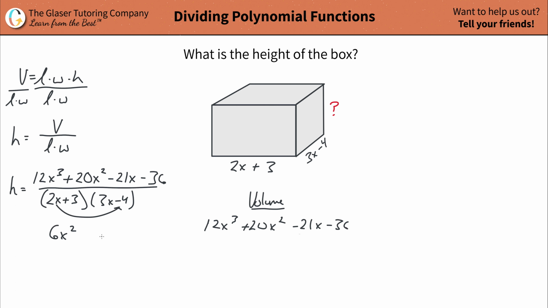Then take the 2x, multiply it by a negative 4, that's going to be negative 8x. Then take the last term of the first, 3, and multiply it by the first of the second, so that's going to be plus 9x. And then the last times the last is going to be a minus 12. I would combine these like terms now because it's going to be just a plus x. So just do plus x, move that 12 in, and that's the trinomial.